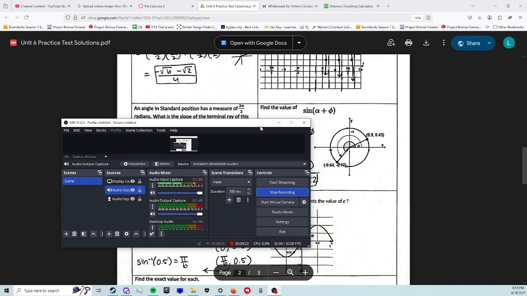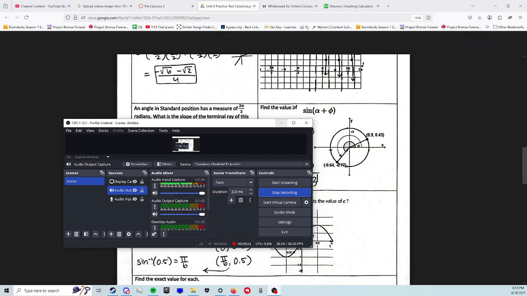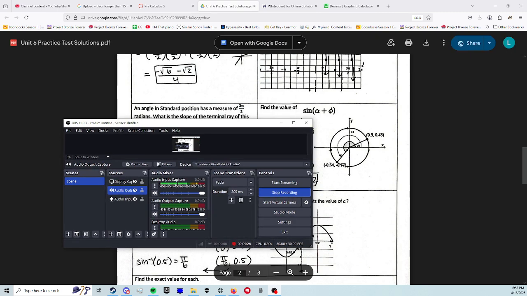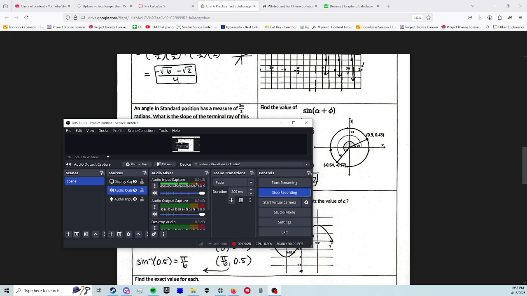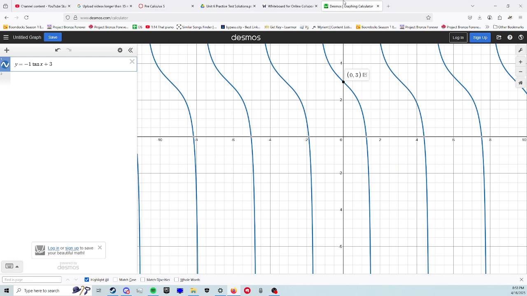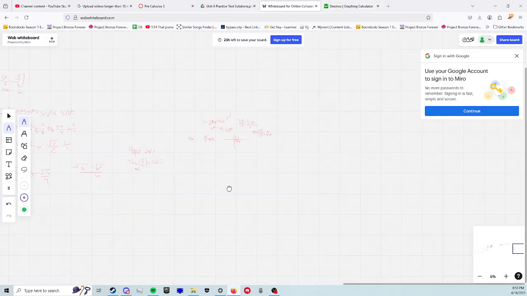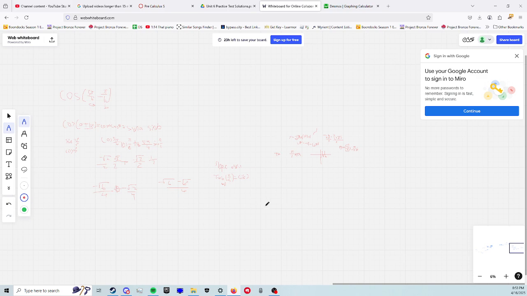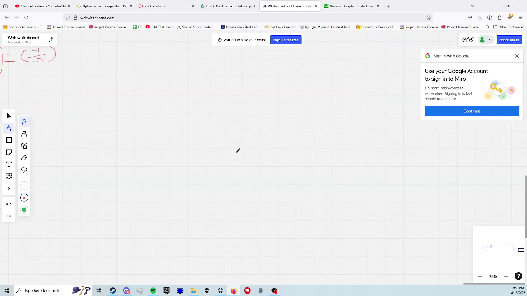So this means it is sine A. This is A because it's closer to the y slope, and this is the B because it's closer to the B slope. So the sine formula. Oh my god, do I have it? I don't. I have to write it.